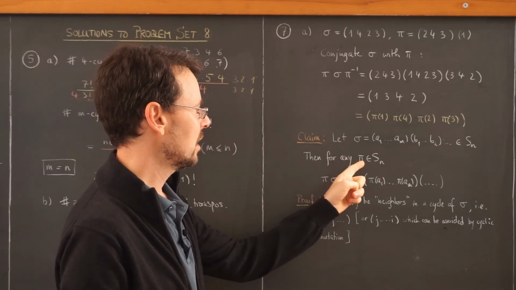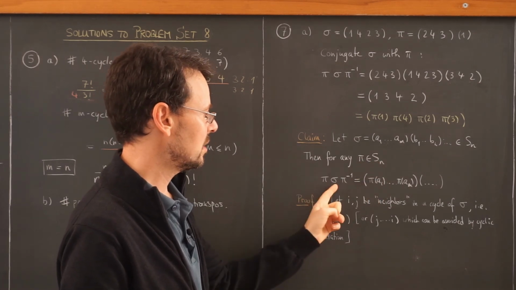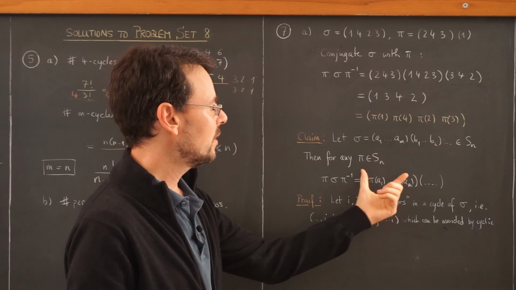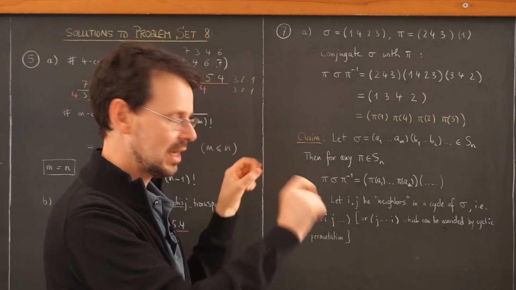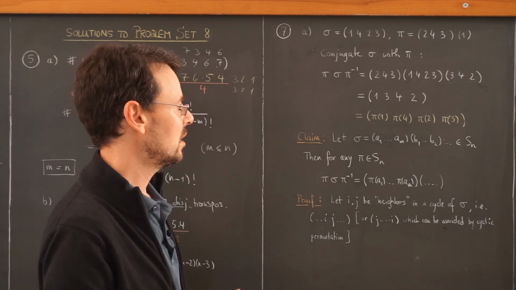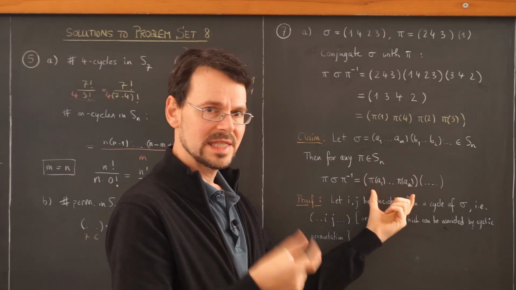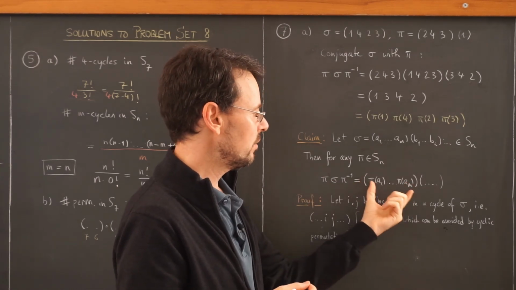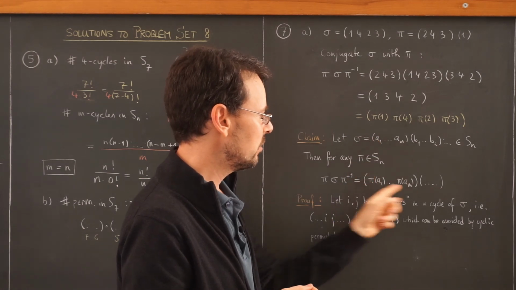Then the claim is, if I take any permutation in Sn and conjugate sigma with it, the cycle structure remains the same. Hence the headline of this exercise, conjugating does not change the cycle structure. And the cycles of the conjugate are very easily obtained by simply plugging in these entries here into pi.